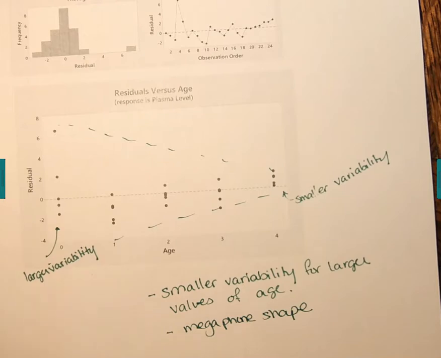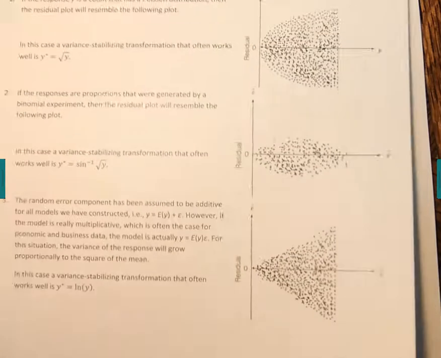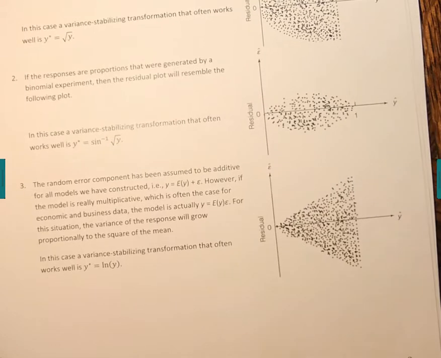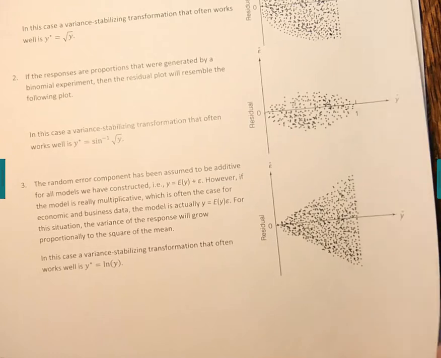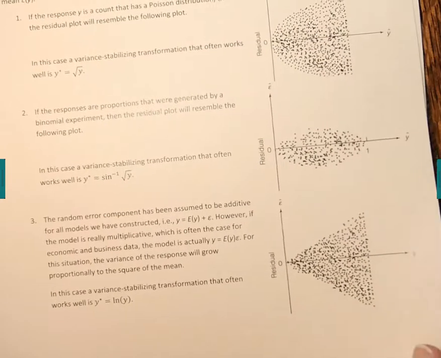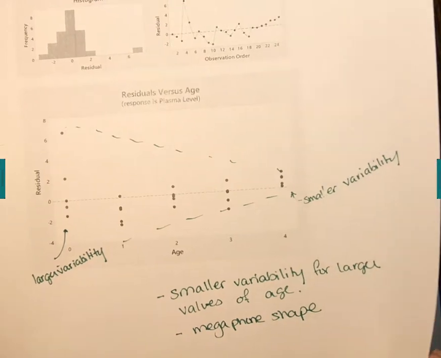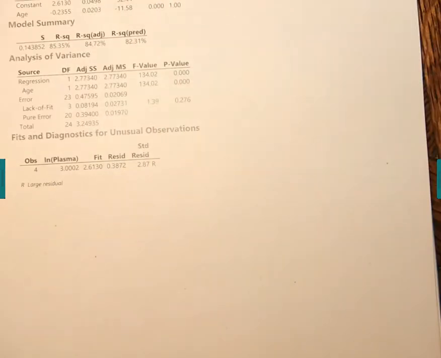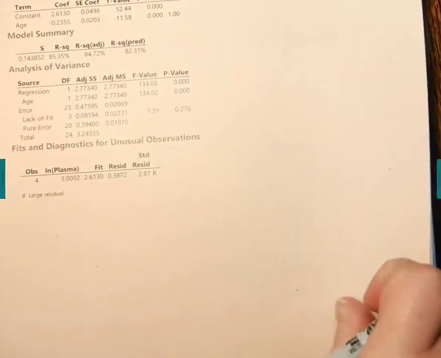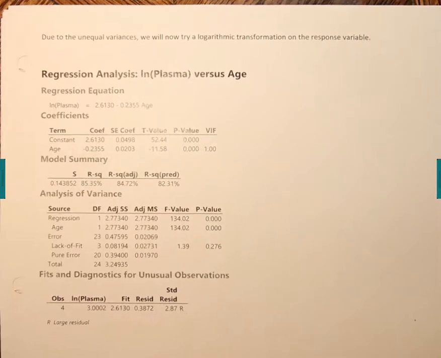All right, and if we go back to page 9, notice here we can see here's where that megaphone shape was, and one of the suggested variance stabilizing transformations is that of the natural log of y. So what we've done here is we're going to try the logarithmic transformation on the response variable.